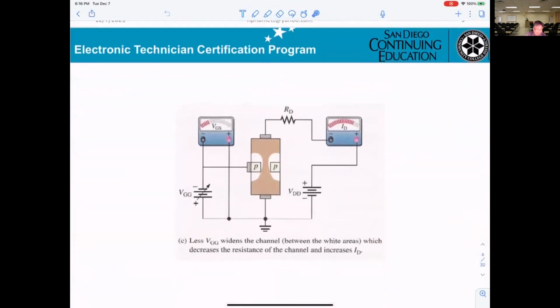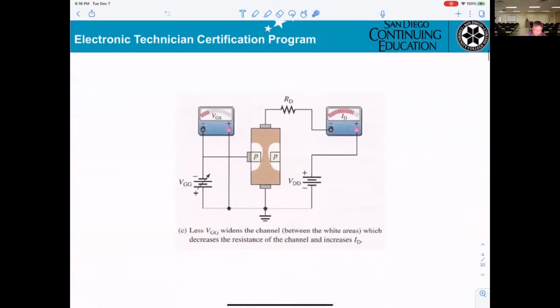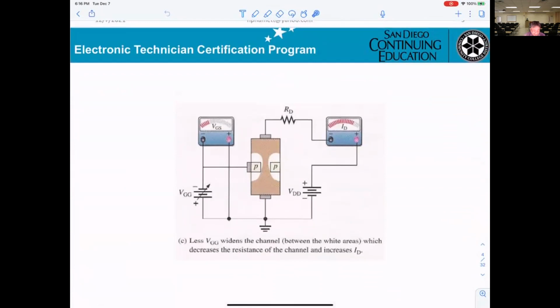Now, looking at this picture here, you can change the value of VGG. When you change the value, it is a less negative voltage to the gate, and they also show you can get more current. The channel is wider, okay?